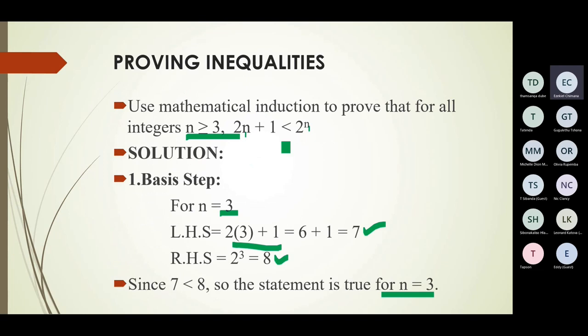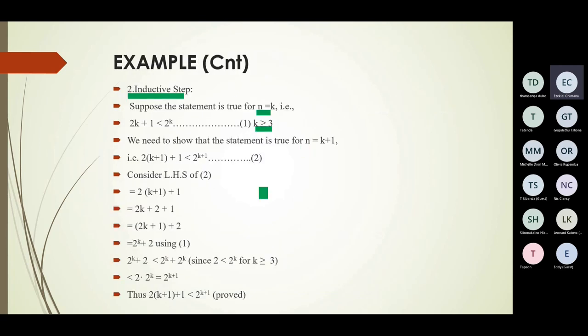That is, here we need to put our n as k plus 1, and then we prove that this side will always be less than this side. So if we put our k plus 1 here, it will become 2 times k plus 1, which will always be less than 2 to the power k plus 1. So that's what we have here.